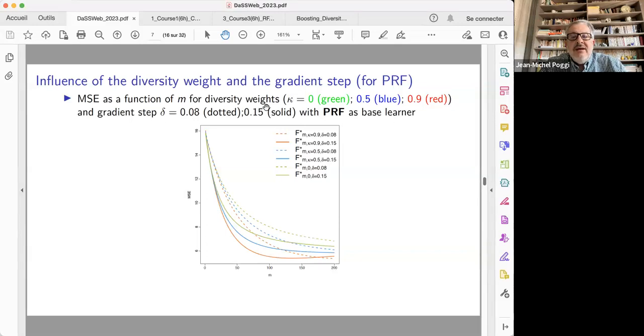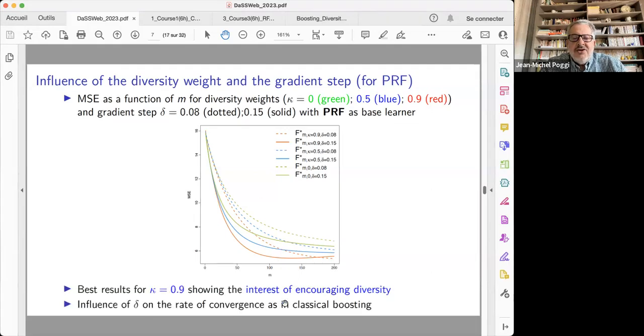In green, blue, and red you have different values of kappa, and you have dotted or solid lines for different values of delta. For delta, it is not really an issue. You have something which is quite close to what you have in mind for delta in classical boosting.